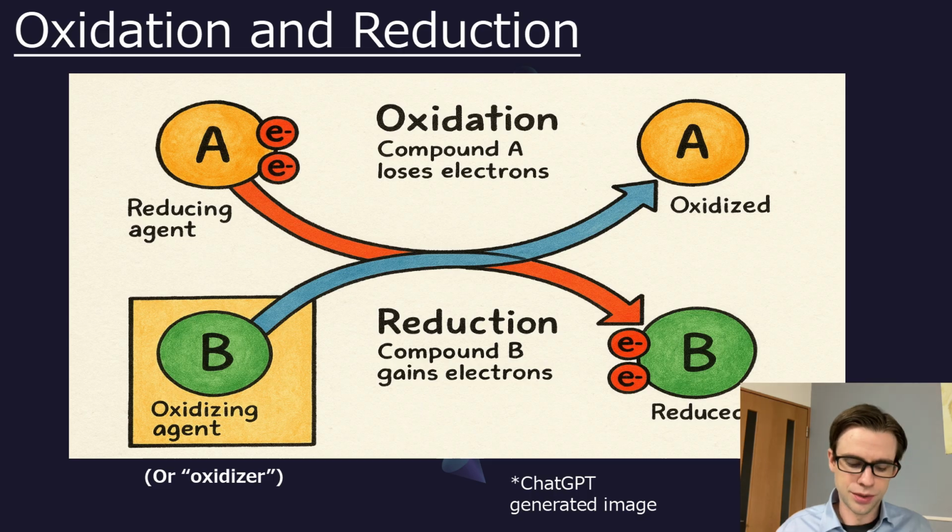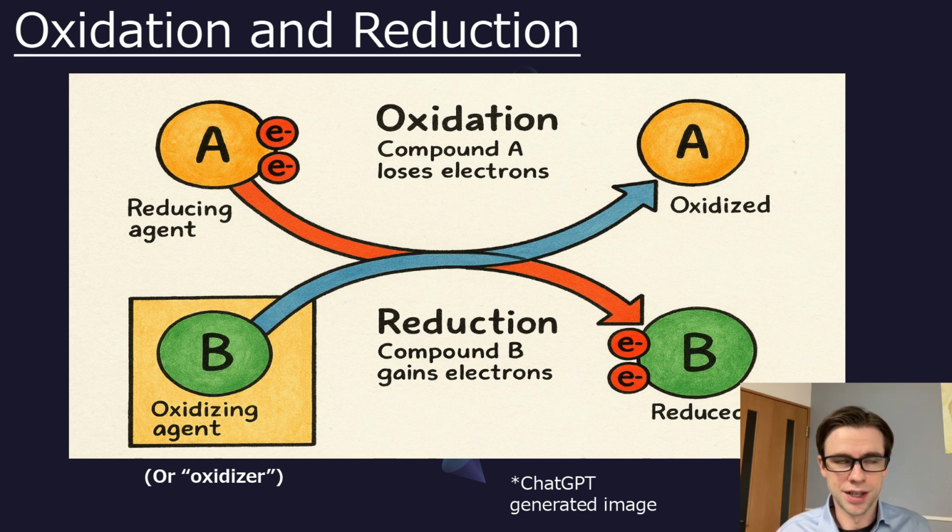Now, if A undergoes the process of oxidation, B, as a part of this reaction, must undergo the process of reduction. B starts with some set of electrons, but it gains some through the process of this reaction, so it has undergone reduction.